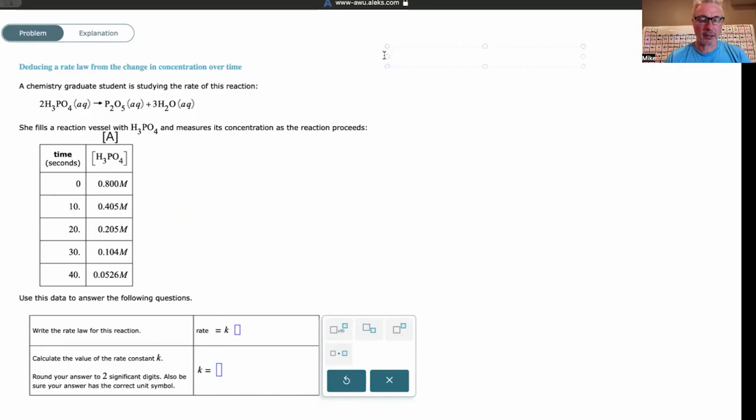So let's go ahead and just say, okay, first order. What's the relationship between the concentration and time? And it goes like this.